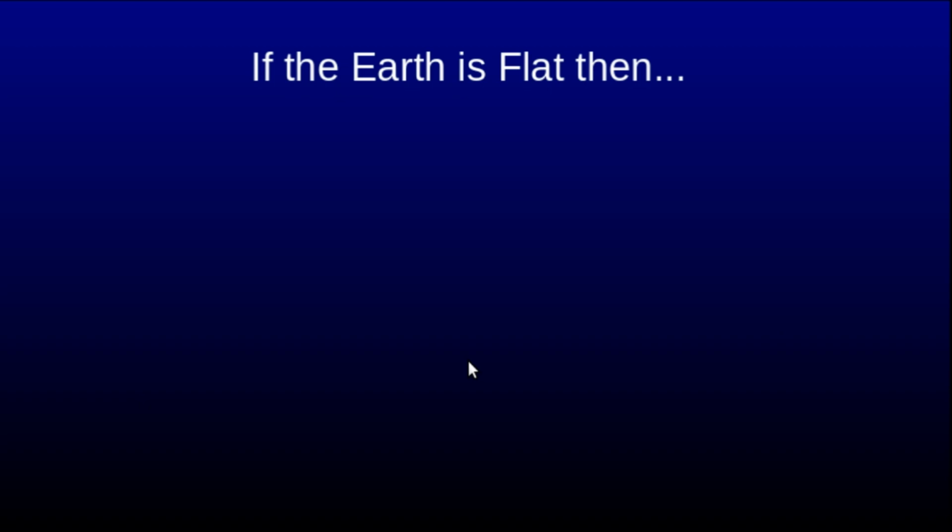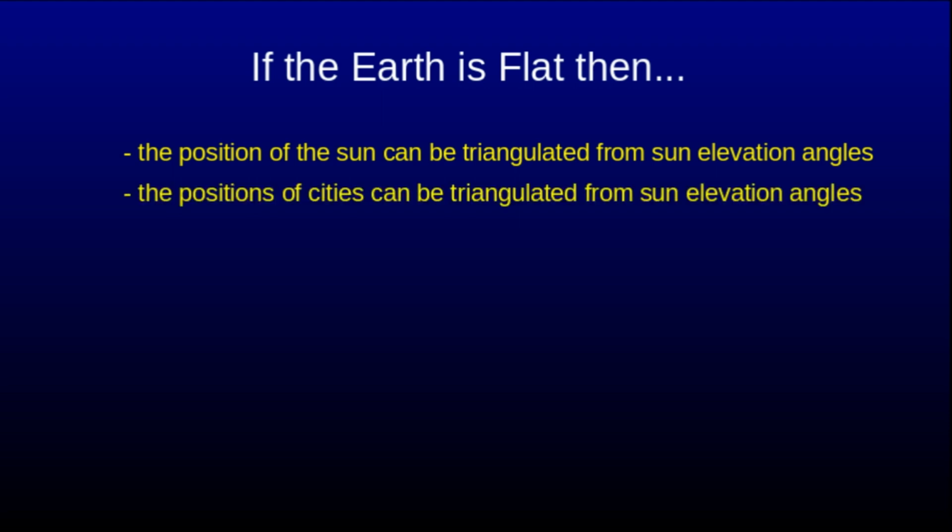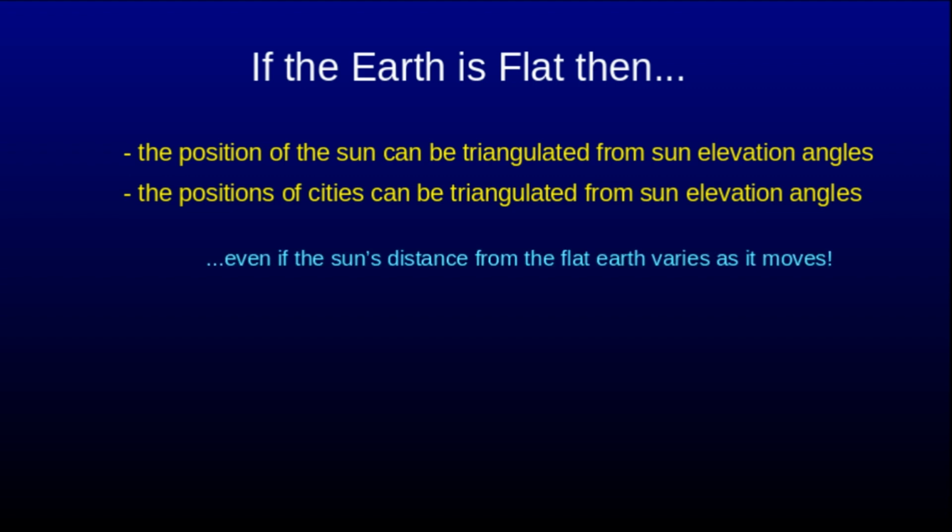But if the Earth is flat, then the position of the Sun can be triangulated from sun elevation angles. Also, the positions of cities can be triangulated from sun elevation angles. This is true even if the Sun's distance from the flat Earth varies as it moves.